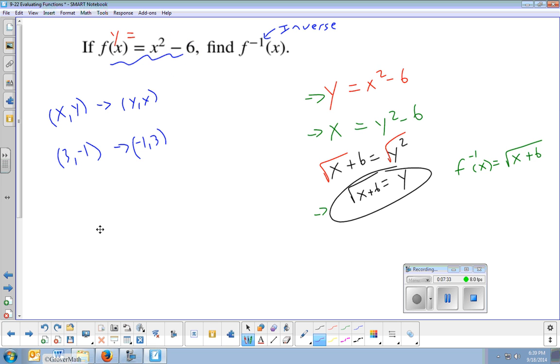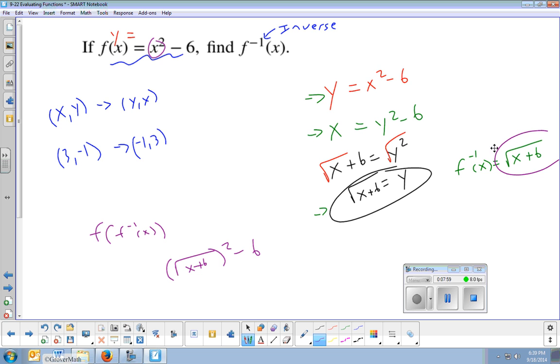And not only that, if you were to do f of f inverse of x, like I was talking about before, plug one function into the other. Like say we take this and plug it into this function, where we're going to square it and minus 6, it'd be the square root of x plus 6 squared minus 6.